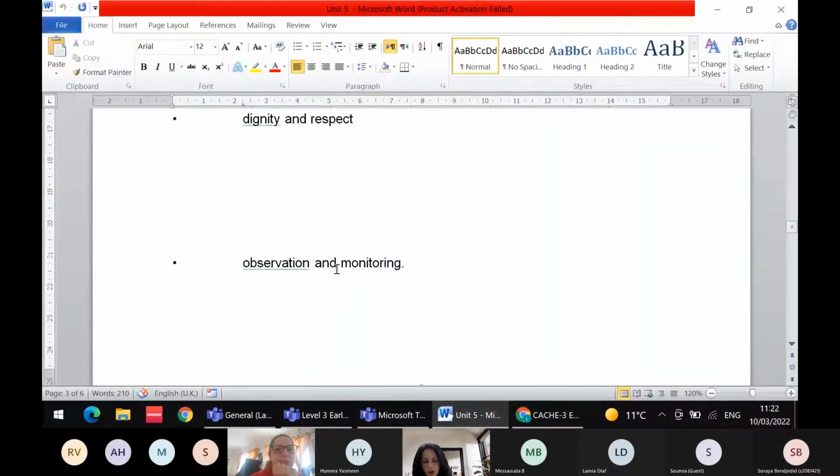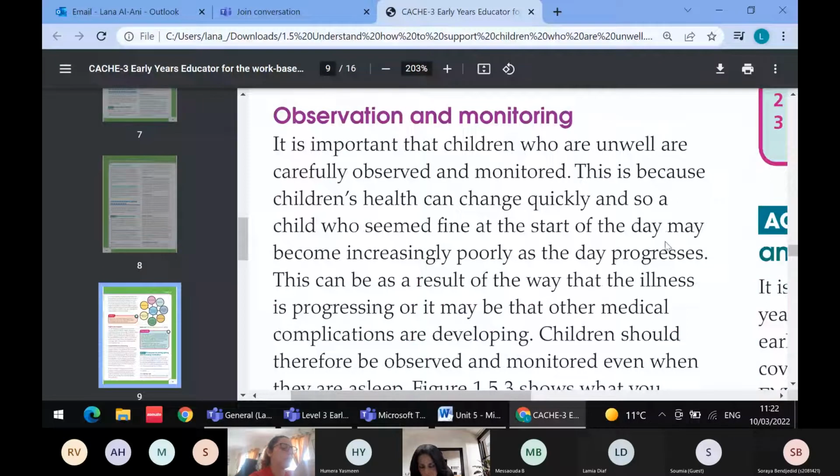How about observation and monitoring? Do we know anything about observation and monitoring? When the children are sick, we have to check all the time their condition, how they are changing during the sickness.